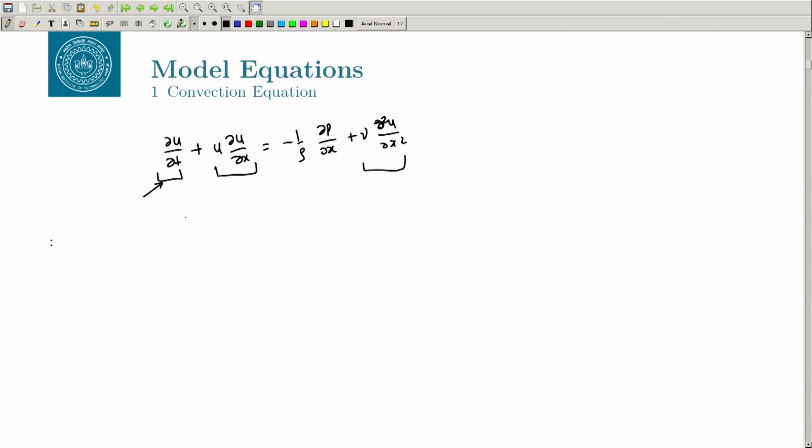Because of the presence of this time term, it is also a parabolic equation. You can write it maybe in a conservation form, that will be u square by 2 plus p by rho equals nu del square u by del x square.